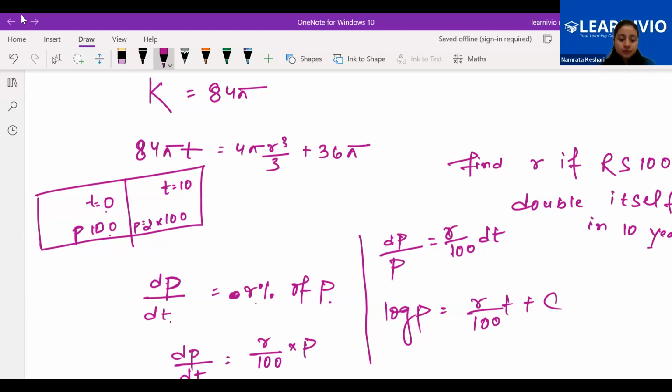What are you getting as C? Let me know. Will you be able to continue from here, Murtaza?